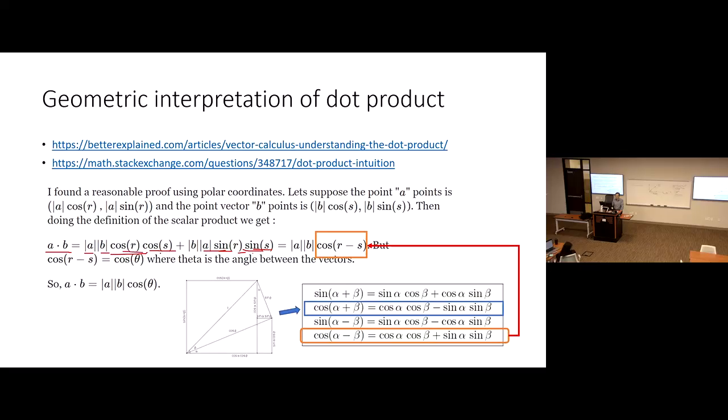Then with this formula, you plug this relationship in and you can get this, and the difference between these two angles is theta. So at the end, you prove this relationship.